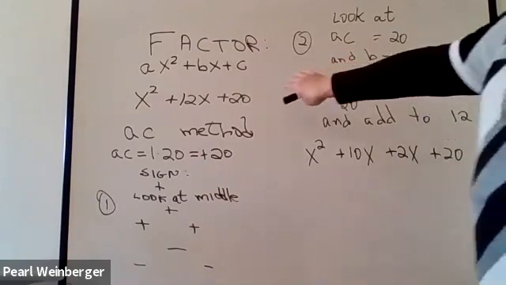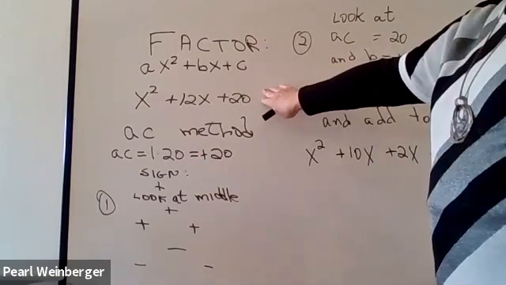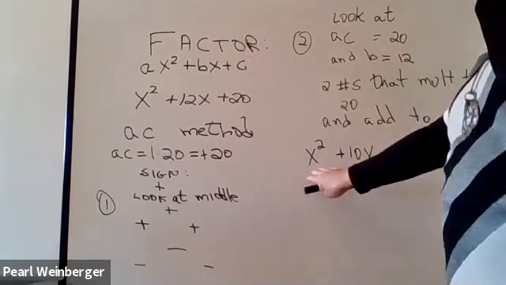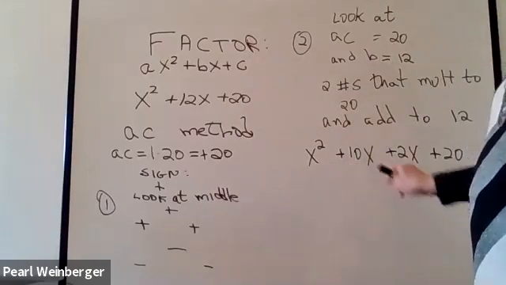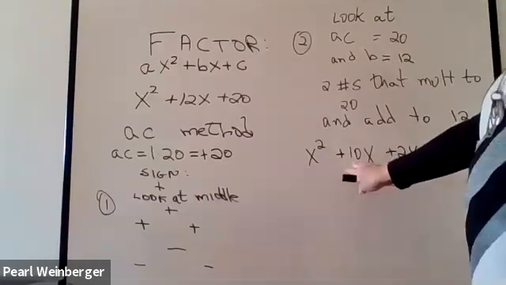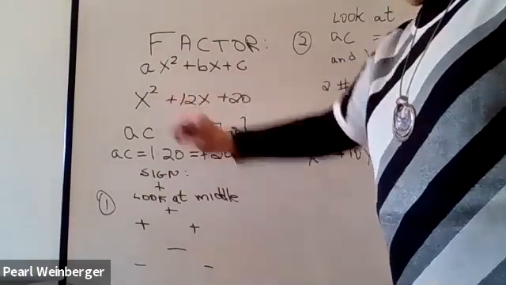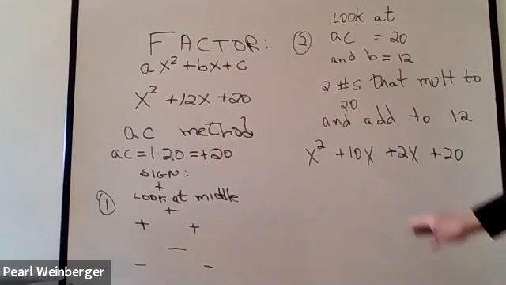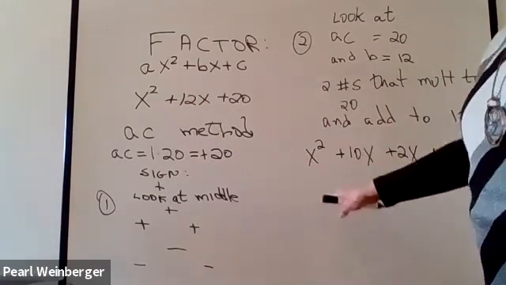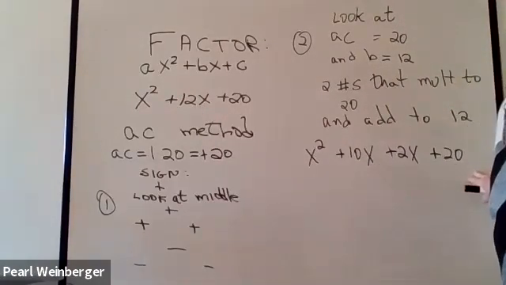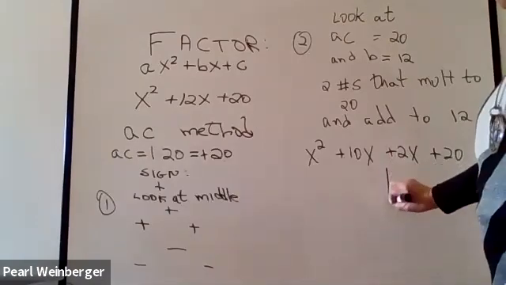I have taken this trinomial and broken it down into 4 terms. Notice, if you look at it, the 10x plus the 2x actually gives me 12x. And the reason I do this is because then I can use grouping. Remember our grouping method.